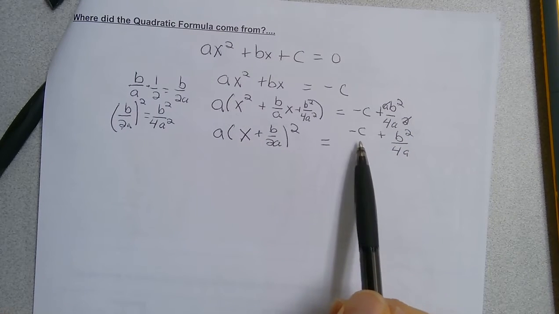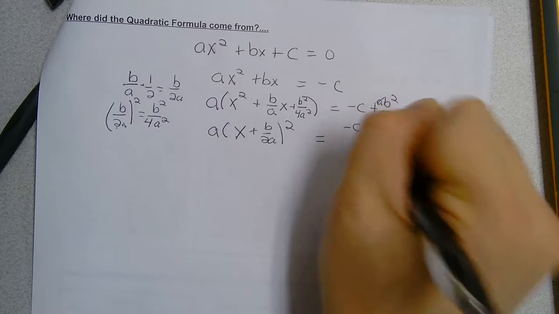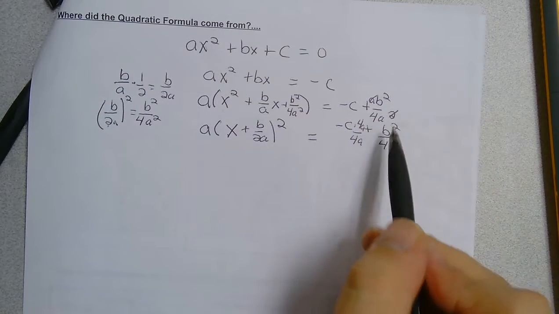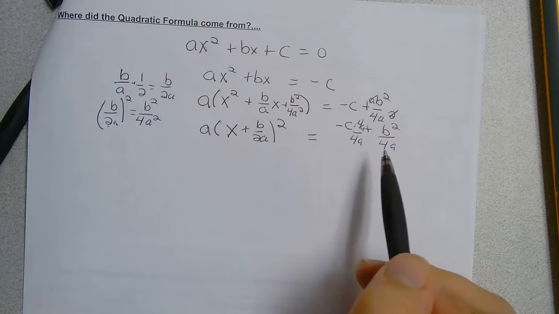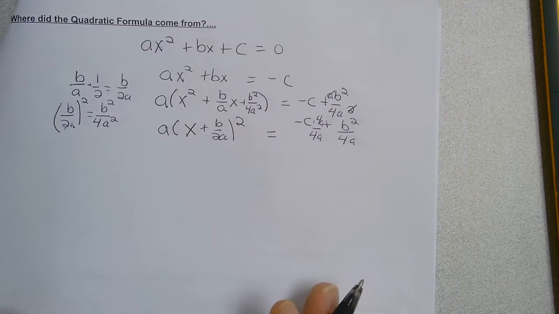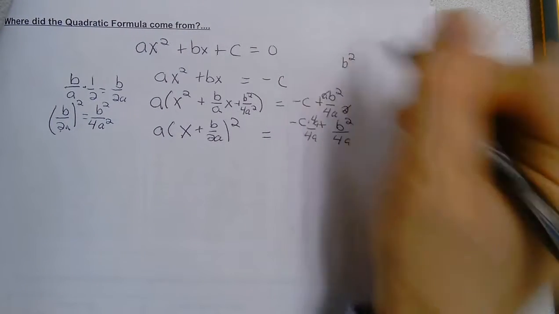I'm going to do some work here. So I'm going to find the common denominator. So I'm going to multiply by 4a over 4a. So then what we can see is if I do a little algebra up here, I'm going to put this term first. So we have b squared.